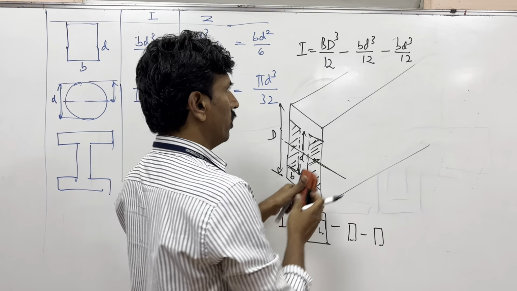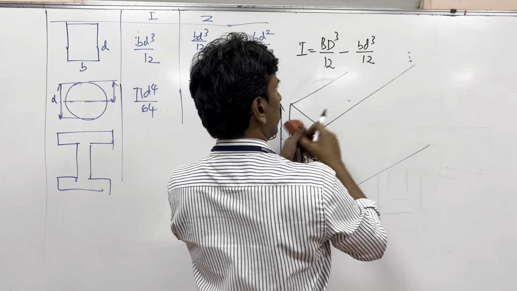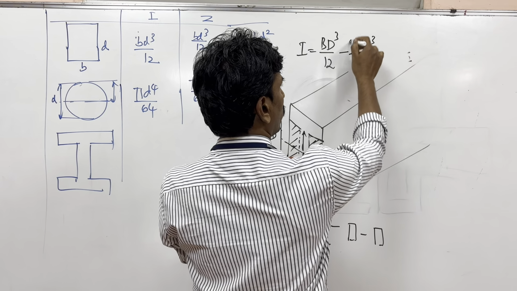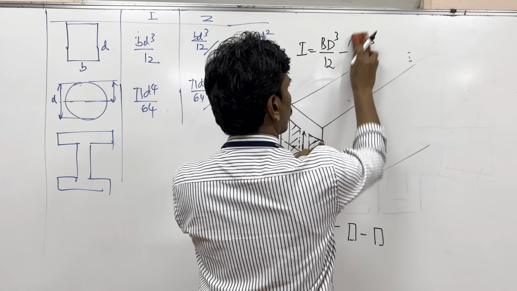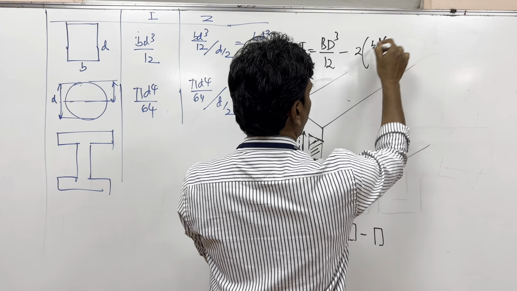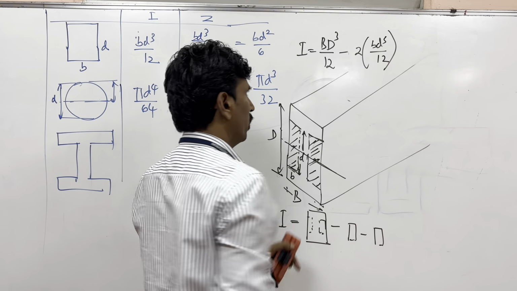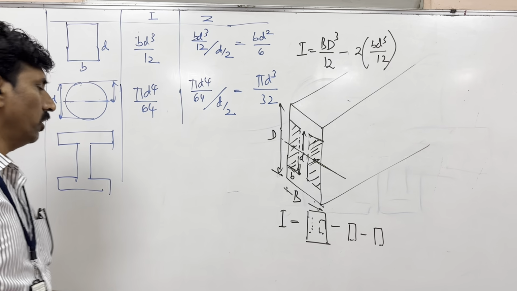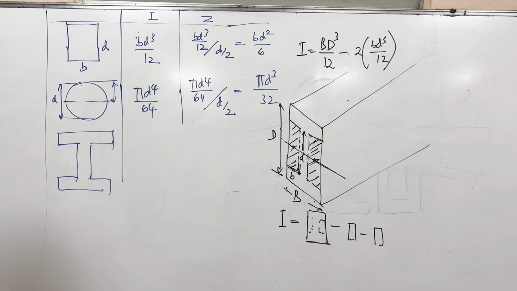Instead of writing it like this, I can write it as 2 into small bd cube by 12. Understood? So this is how you write the moment of inertia.